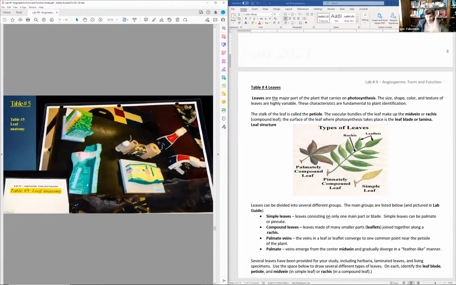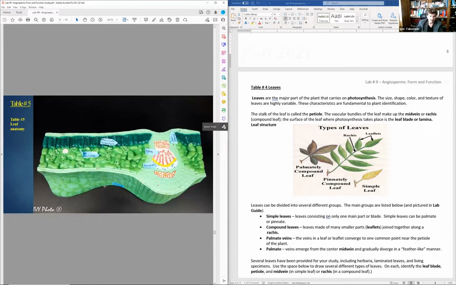All right, cross section models. In this particular case, you should be able to identify monocot versus dicot, and here you're looking at the dicot leaf. We already discussed that. The upper epidermis, the lower epidermis, palisade parenchyma, sometimes referred to as mesophyll. Meso means in between. In between what?